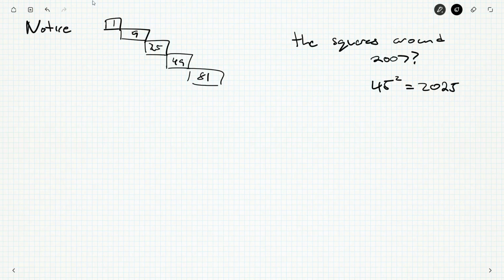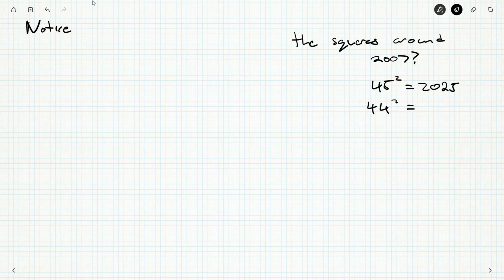All right. So what else can we notice? Actually, let's redraw the key points of our spiral. We know where the odd squares are. And we know there's an odd square and an even square near 2007. So we get 1, we have 9, we have 25, and it just keeps going, 49.